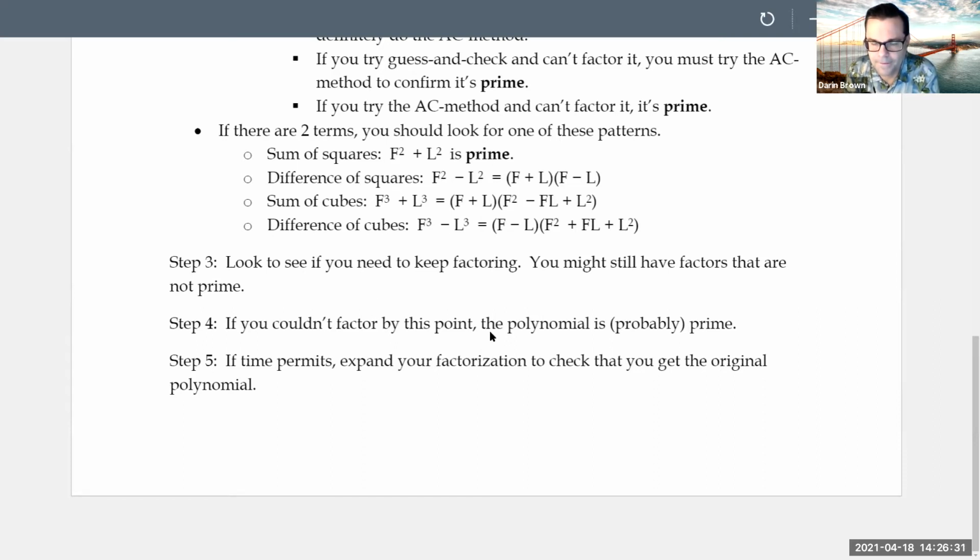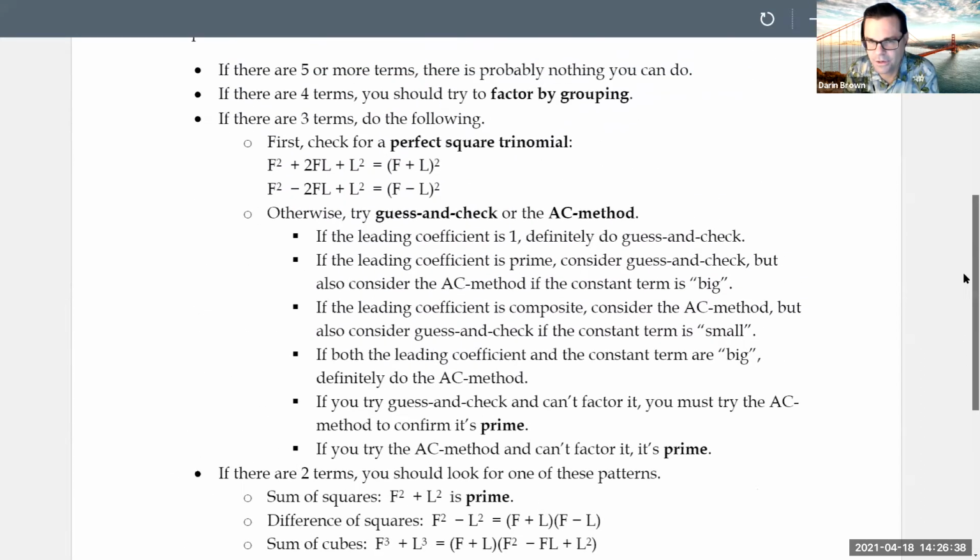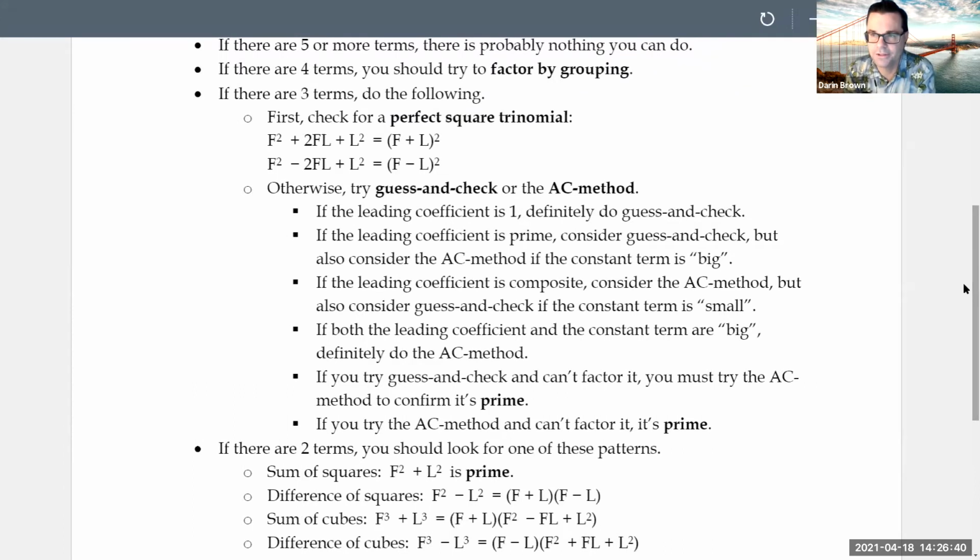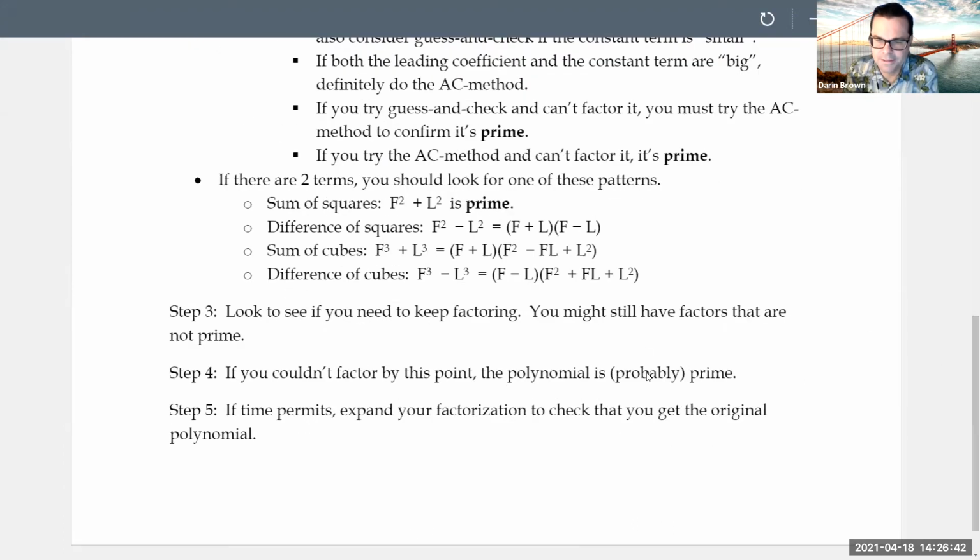And if you weren't able to do anything, then you can probably conclude it's prime. Now, there are some cases with trinomials where you can definitely know that it's prime, but there are some cases where you might say, well, I can't figure out anything that works. In that case, it's probably prime.